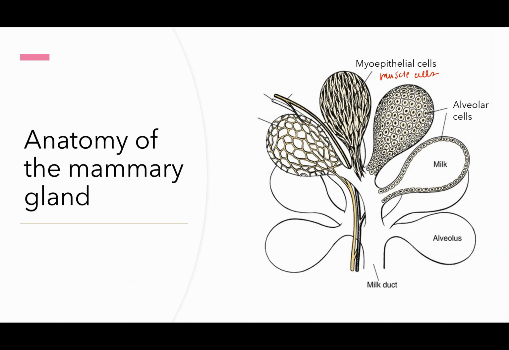And what you can think of this is, as these are a bunch of layers. So there's a layer of alveolar cells, and then a layer of muscle cells, then a layer of capillaries, which is the blood supply. And then also feeding the mammary gland, we have the venous supply and drainage, so the venule and the arteriole.